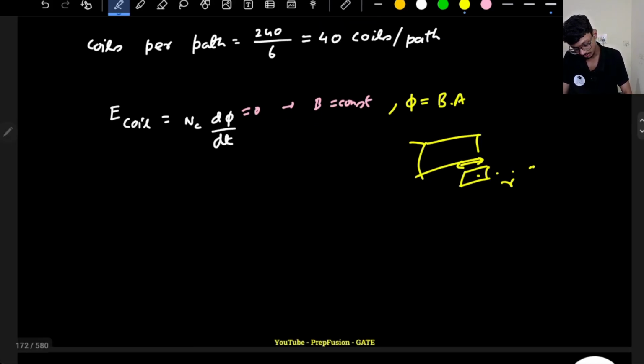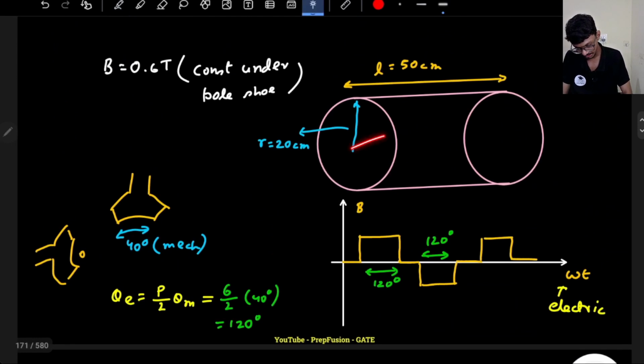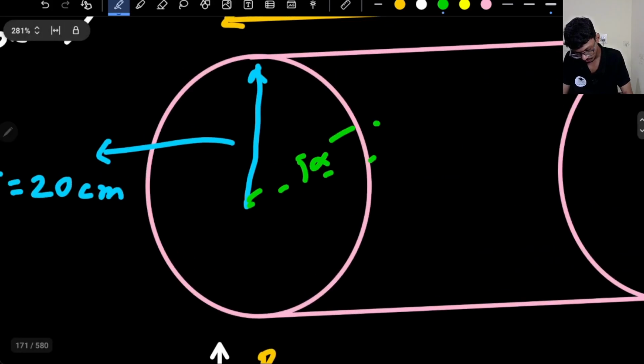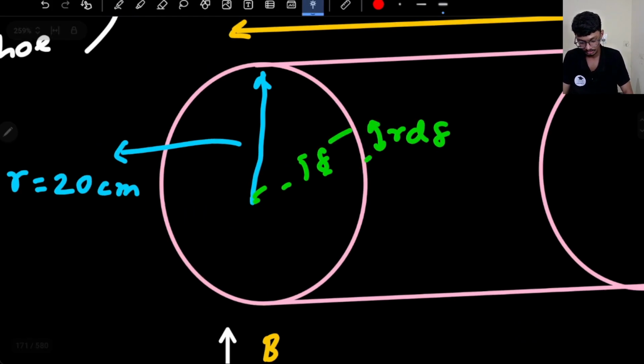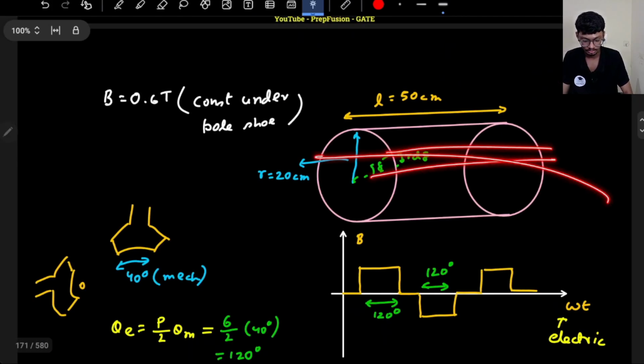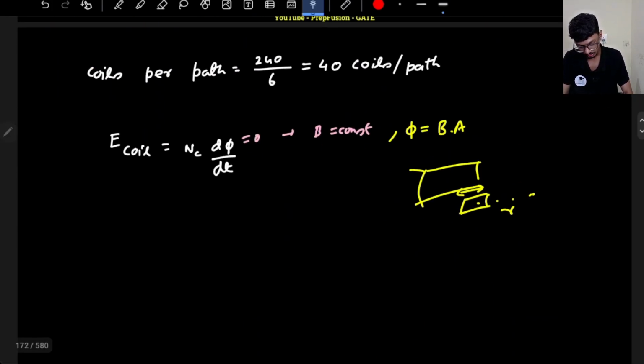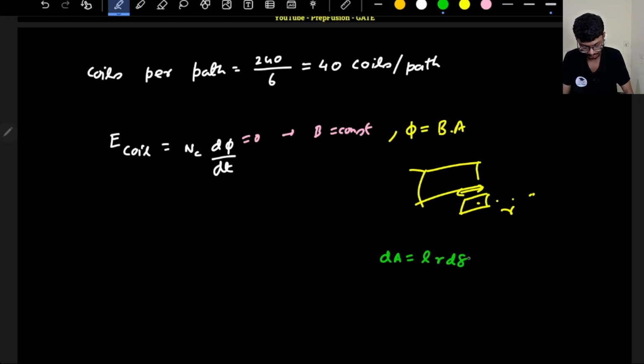If this is a circle and I assume a small angle, let me write it as delta, what will be this length? This will be r d delta, right? Very basic thing. And what is the total area that the pole will cover? This whole axial length, so the area will be L into r delta. So the small change in area dA is L into r delta.